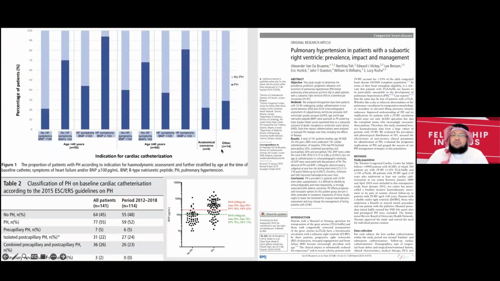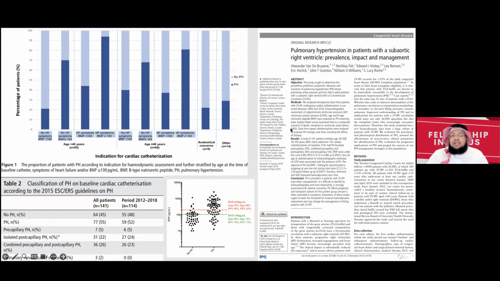So this is one of the nice papers. It was published in 2019, and it touched one of the important subjects and important diseases in those patients, which is pulmonary hypertension. Sometimes in those with systemic right ventricle, pulmonary hypertension is overlooked and underestimated.